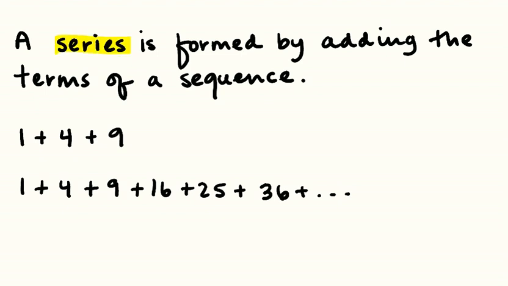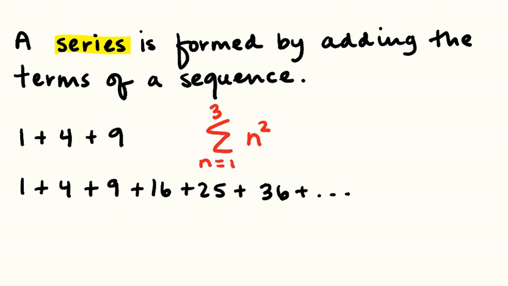So 1 plus 4 plus 9 is the first 3 terms of that sequence we were just talking about, a sub n equals n squared, added together. So what we do is we say that this is the sum, so that means sigma for sum, from n equals 1 up to 3 of n squared.